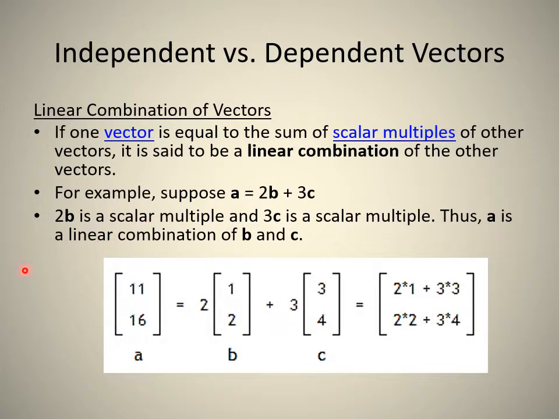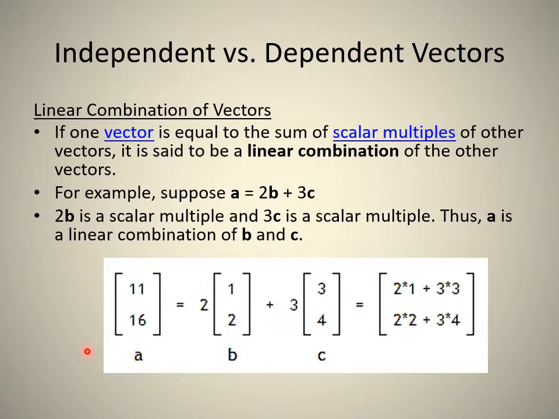So in this example, 2B is a scalar multiple and 3C is a scalar multiple. B is multiplied by a scalar, so it's a multiple. C is multiplied by a specific scalar, so it's a multiple. So A is linearly dependent on B and C.